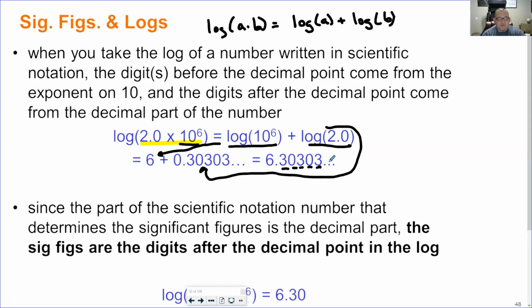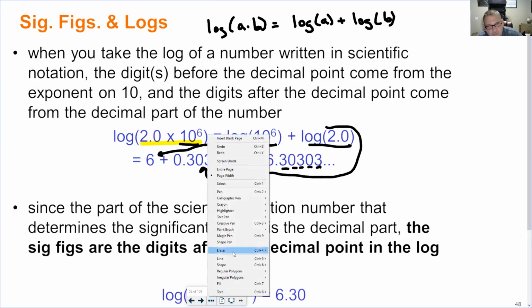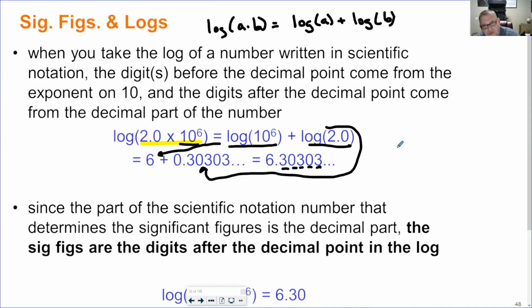Something I want to show you is doing the log of a number in scientific notation. So if I had the log of 2.0 times 10 to the 4th, I break that up into two different terms in the same way. The log of 10 to the 4th is simply 4.